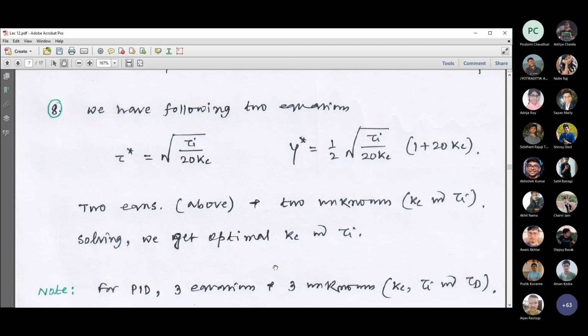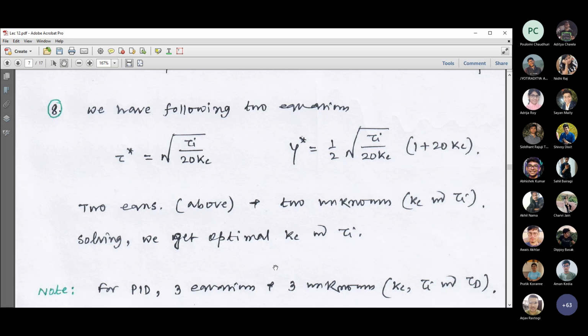The tuning set which I have shown how to get for servo case, this will differ from the tuning set that is determined based on regulatory performance. Now you have to select for your process which one you are looking for. If you are looking for your servo performance, you proceed like this way.